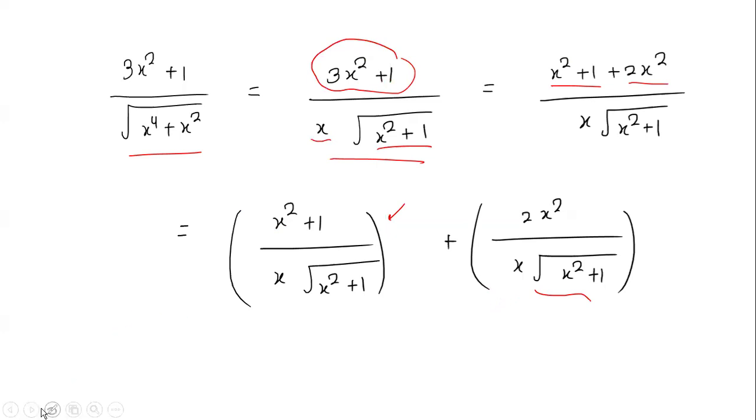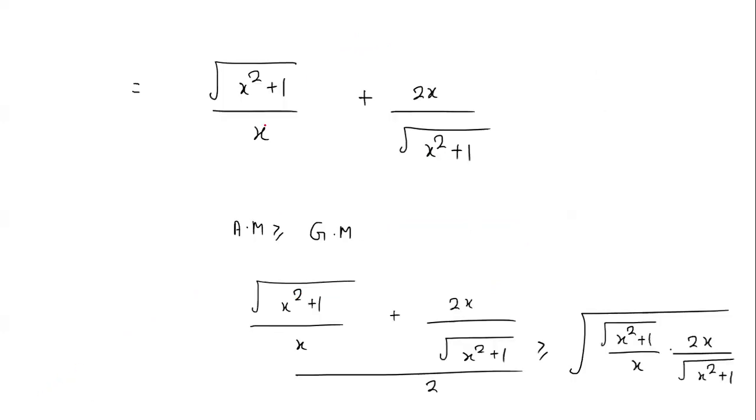Now we have these two things. After simplifying, you can cancel, and here it becomes root of (x² + 1) divided by x, and here it becomes 2x divided by root of (x² + 1). Now we know x lies between 0 and root 2, and for x in this range these two are positive numbers, and between two positive numbers AM is always greater than or equal to GM.